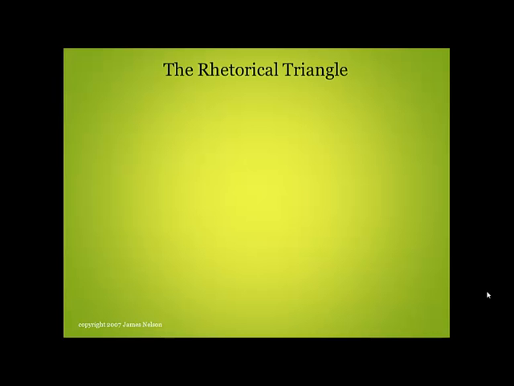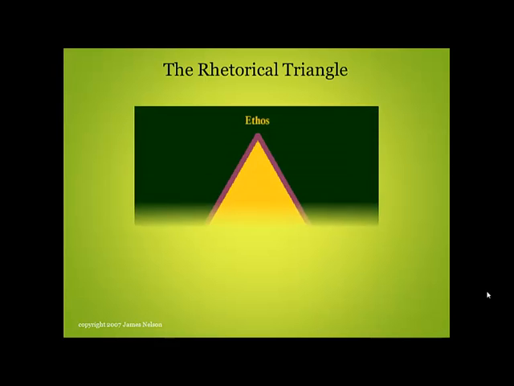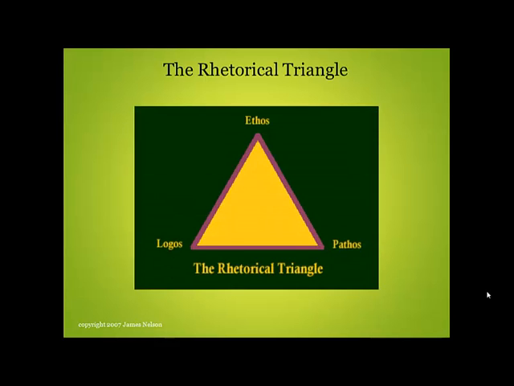Originally, Aristotle viewed the rhetorical triangle as this. It contained the elements of ethos, logos, and pathos. Ethos refers to the writer's ethical appeal or credibility. How well is the writer prepared to write on this particular topic? Can we believe him?